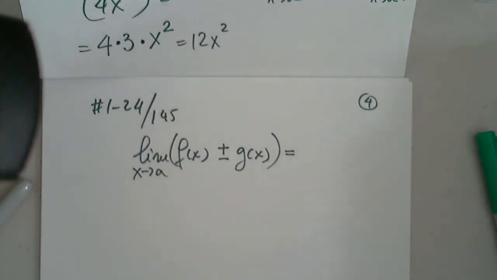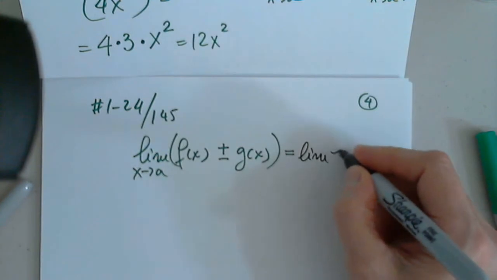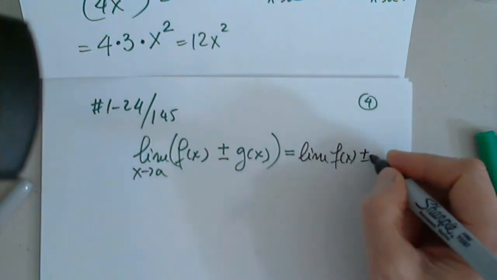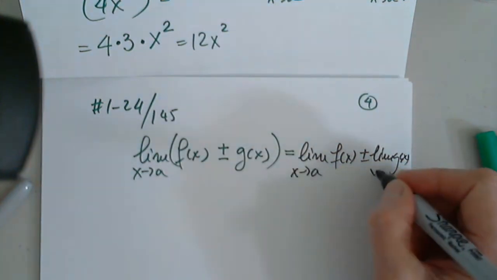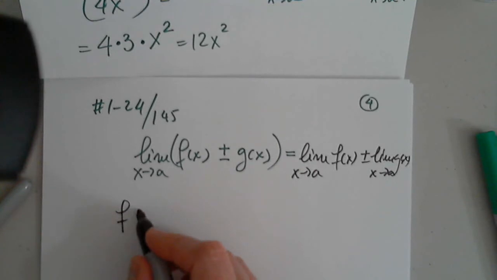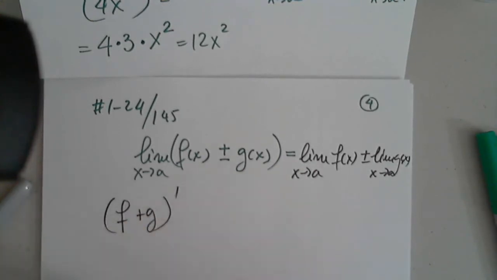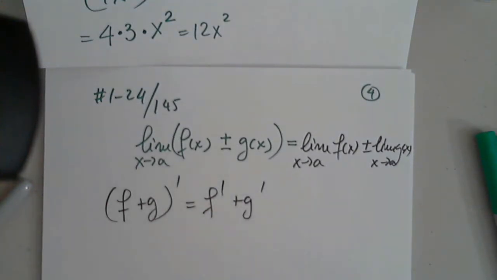It's the same thing as the limit as x goes to a of f of x plus the limit as x goes to a. Exactly. So this is the limit of f of x plus or minus the limit of g of x, of course when x approaches a. The same thing here. If I have a function plus another function prime, it's going to be the same thing. F prime plus g prime.